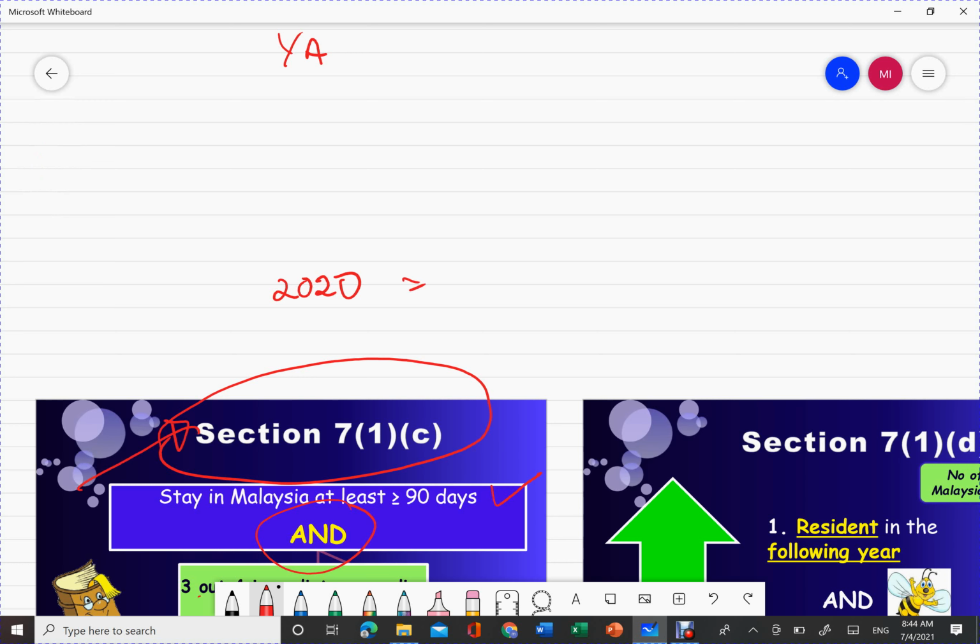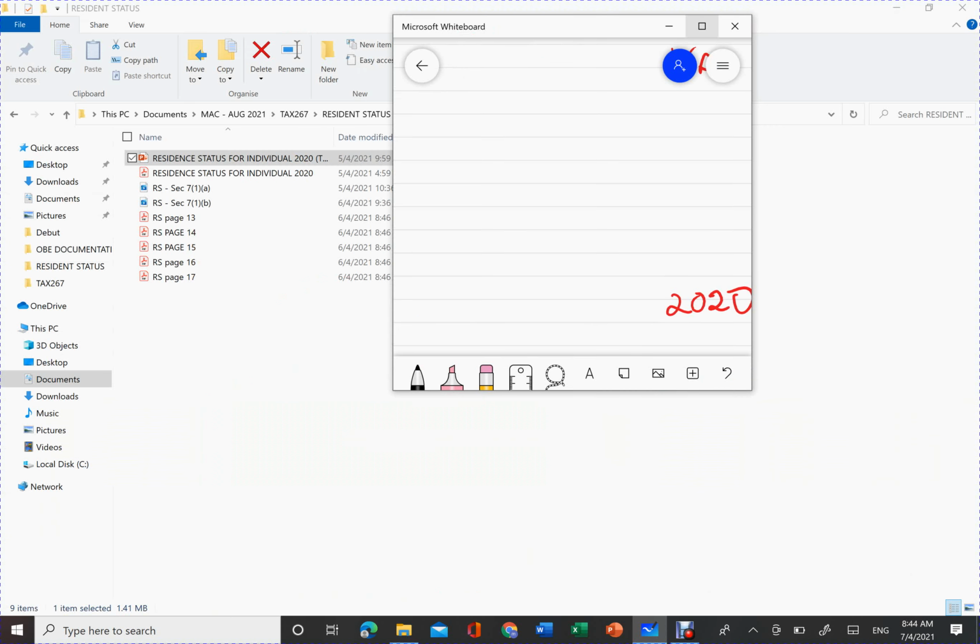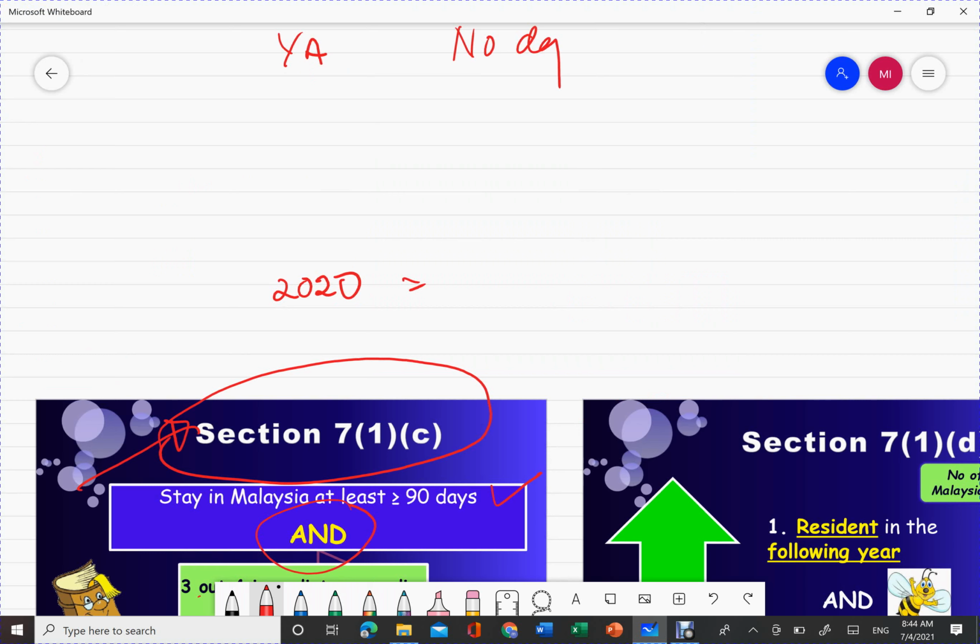71C says that the number of days stayed in Malaysia must be at least 90 days. For example, in year 2020, this person stayed in Malaysia for 100 days. So you have to take a look at the 4 immediate preceding YA.